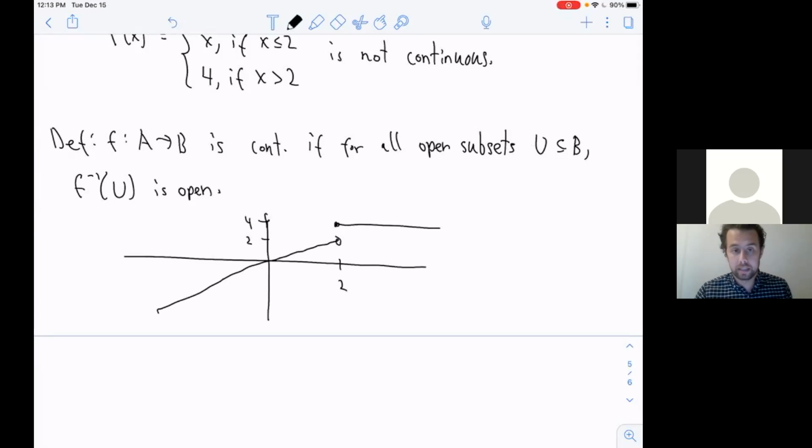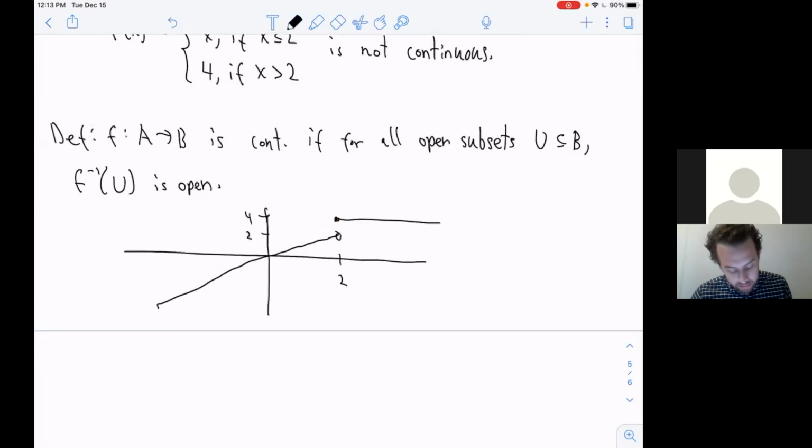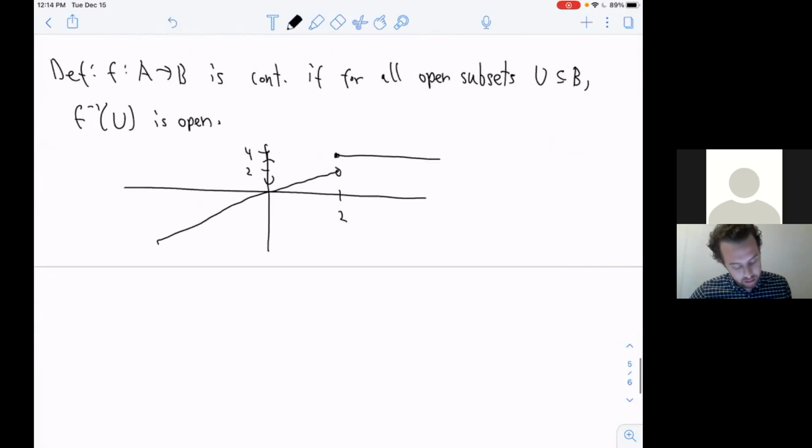And so obviously this isn't continuous, but what we're going to do is choose a particular open set that's going to include this jump, and that's going to be a problem for us. So let's have our open set in B, which is the image, so it's the y coordinate. Let's have it go from 1 to 3. Okay, so let B be the interval from 1 to 3.